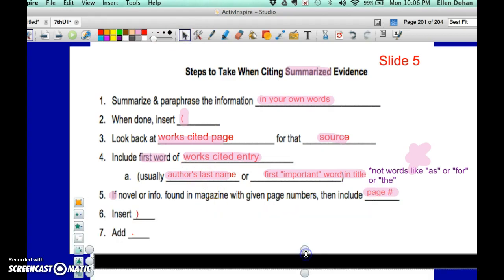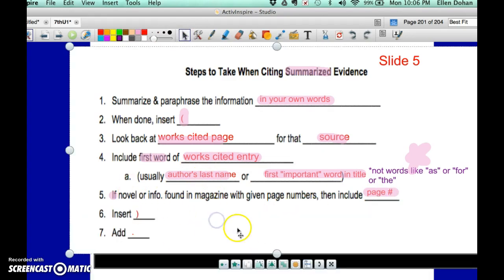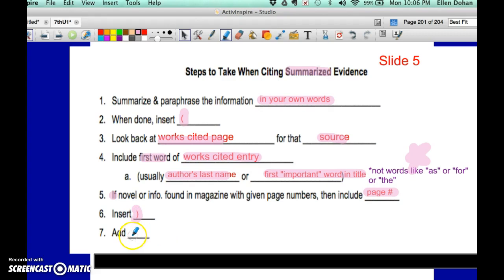And to wrap up, we would show that all of the information for the shout out for the author is done, include the closing parenthesis, and add the period. So right now, make sure that you have all of the steps for citing summarized and explicit evidence.